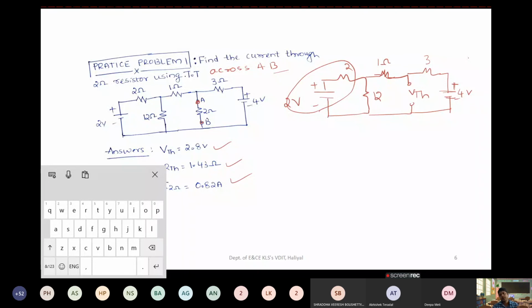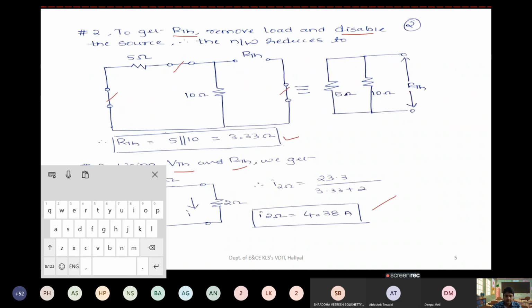Convert both of them to current sources, and again you can use plenty of options. You will get VTH, and RTH is simple. You have to just short these things. Notice the resistances: 2 and 2 will be in parallel. That answer will be in series with 1, right? And again, that answer will be in parallel with 3.